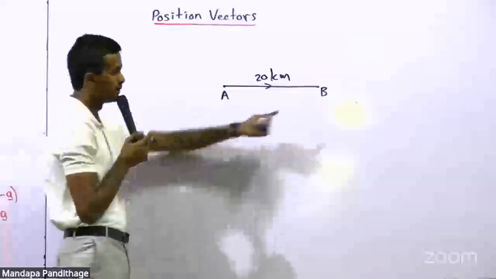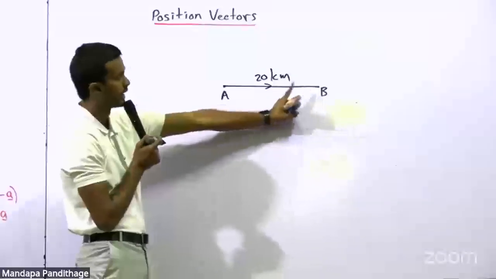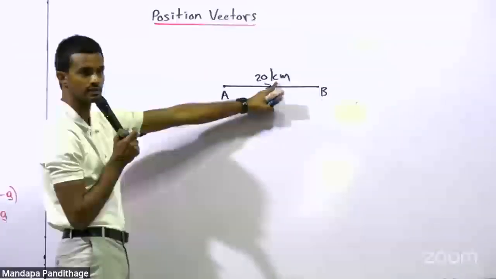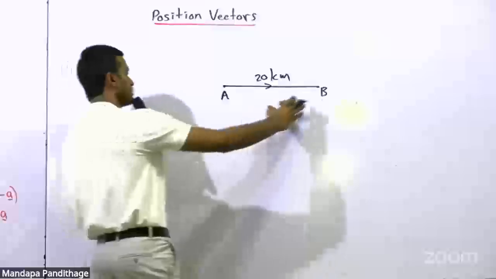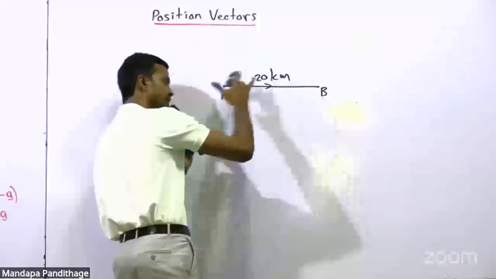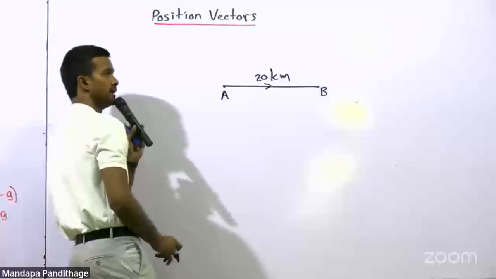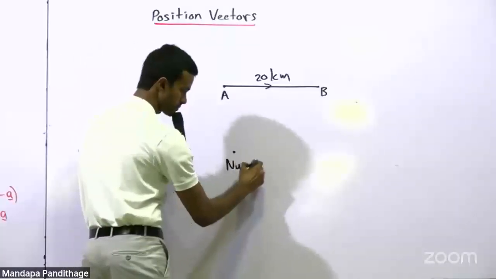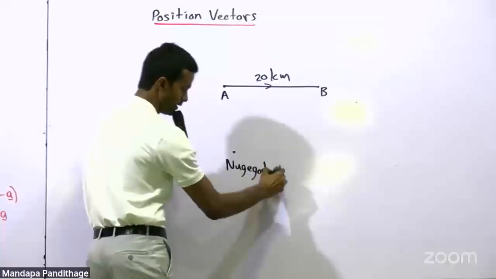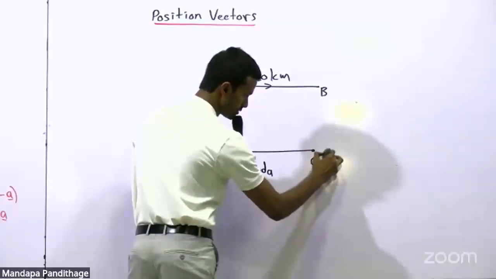Then I know B is located to the east of A at a distance of 20 kilometers, which means this vector gives us an idea about the position of B with respect to A. For example, let's say now we have Nugegoda here and we have, let's say, Colombo 7 here.